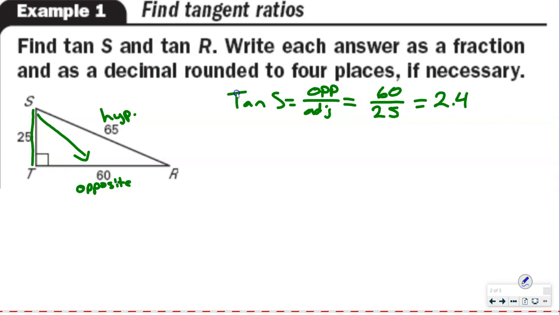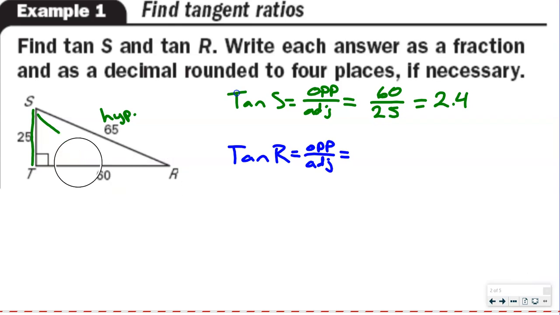Now we also need to find tangent R, tangent of R. Remember our opposite over adjacent. Now, we're looking at a different angle. So opposite of R is 25.